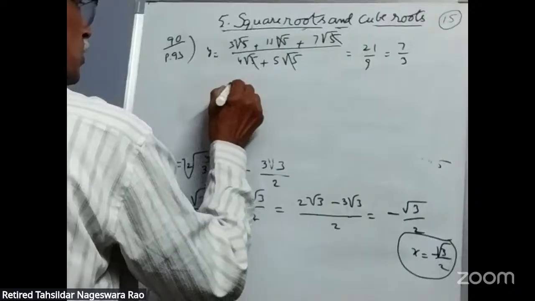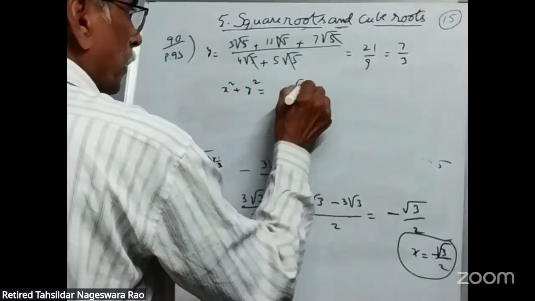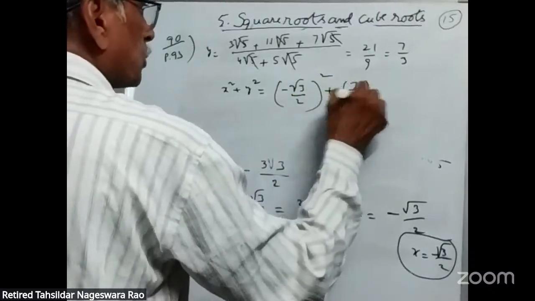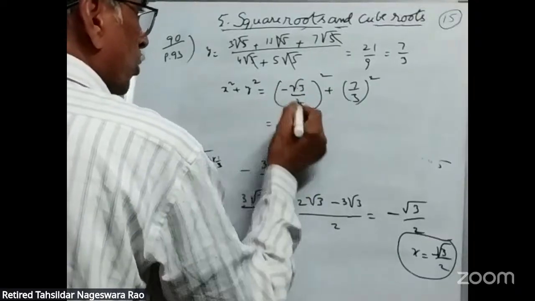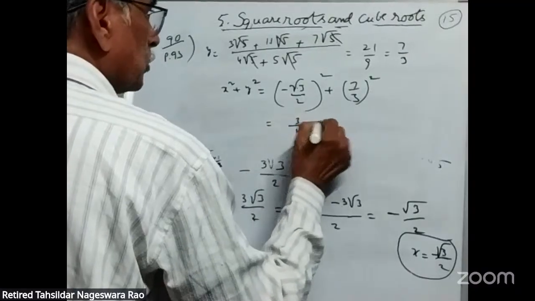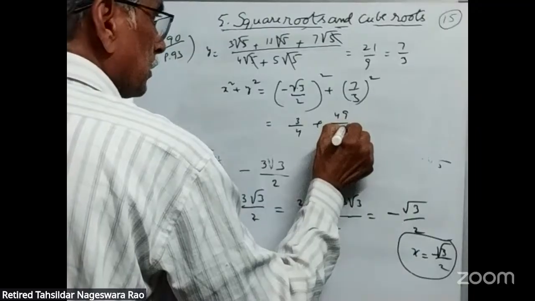X square plus y square is minus root 3 by 2 whole square plus 7 by 3 whole square. The minus goes on squaring. 3 by 4 plus 49 by 9.